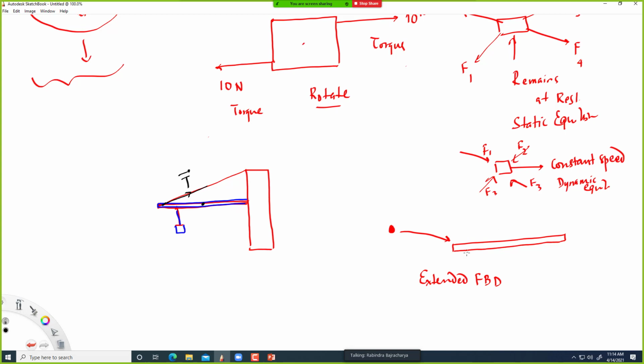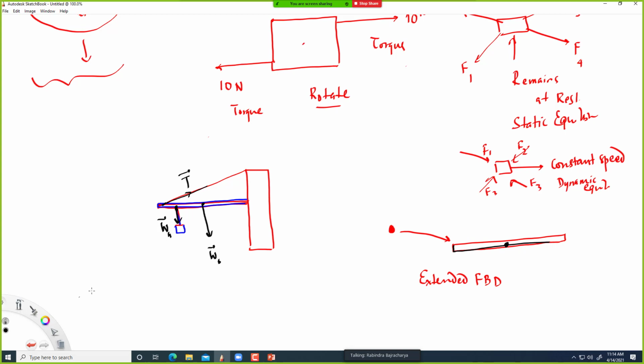We consider that the weight of this beam is concentrated at the center, at the center of gravity. So all the weight is concentrated at the center, and that's the weight of the rod or beam, let's call that WB. And also there is this mass hanging, which is pulling this rod down, so there is the weight of the hanging mass.